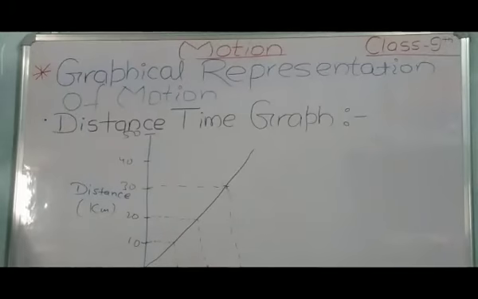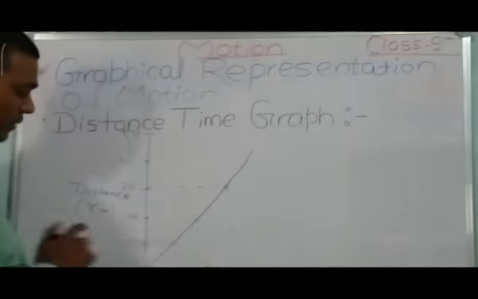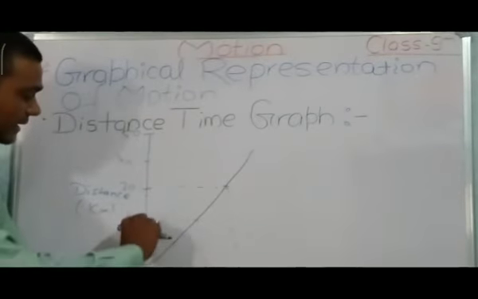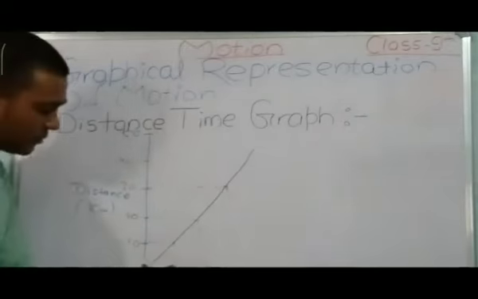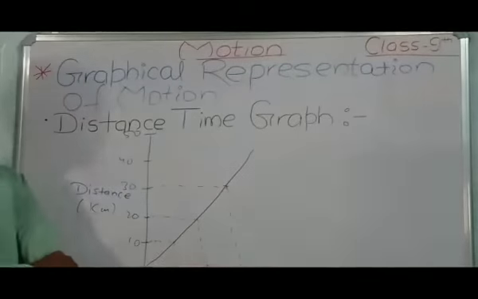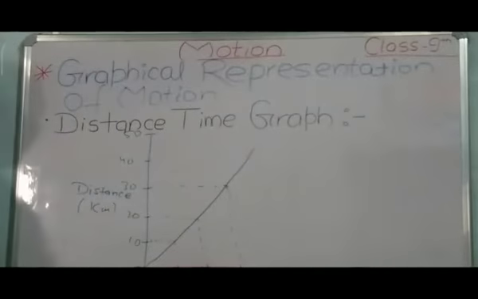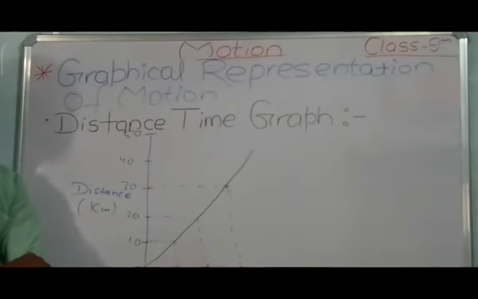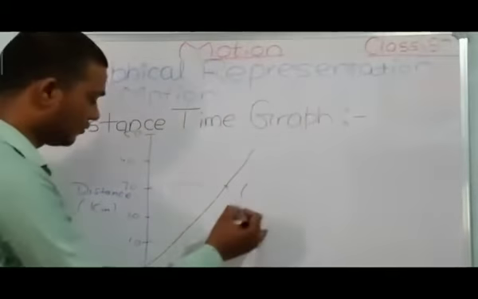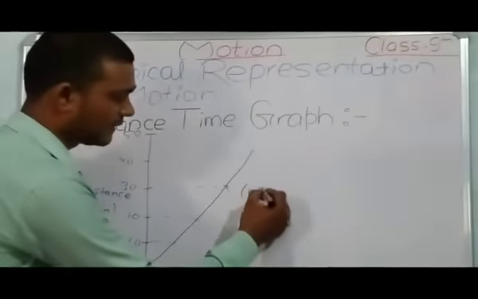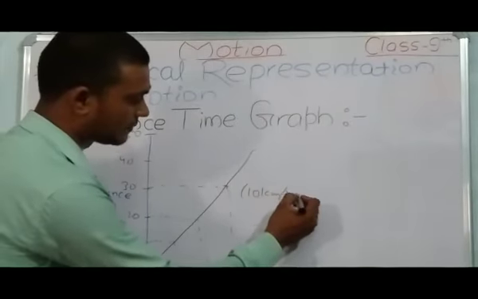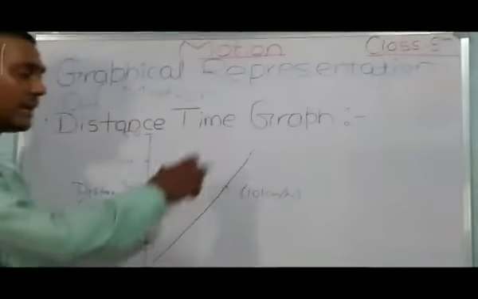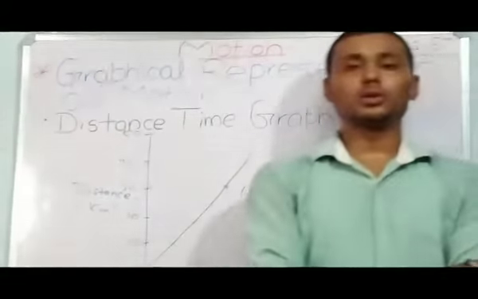So here, for every interval of 10 kilometer it takes 1 hour. So we can say that the motion is uniform, which is 10 kilometer per hour. So this graph is for uniform motion.